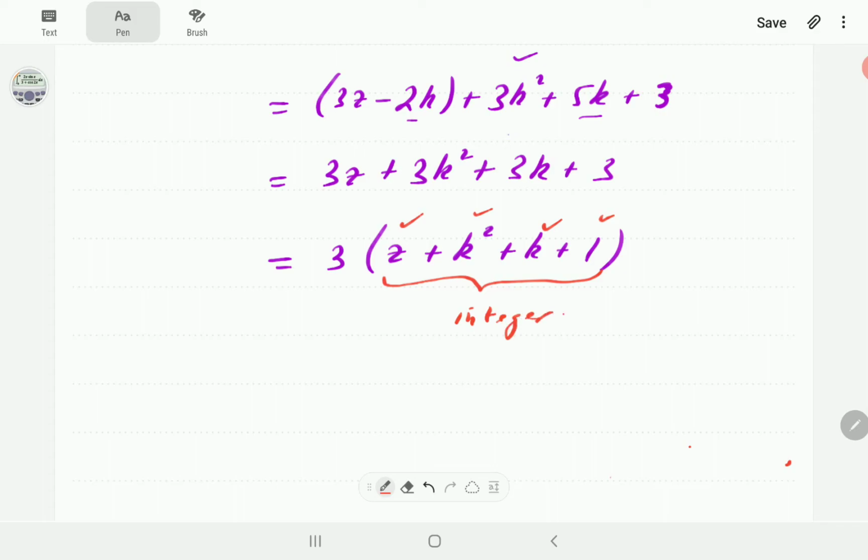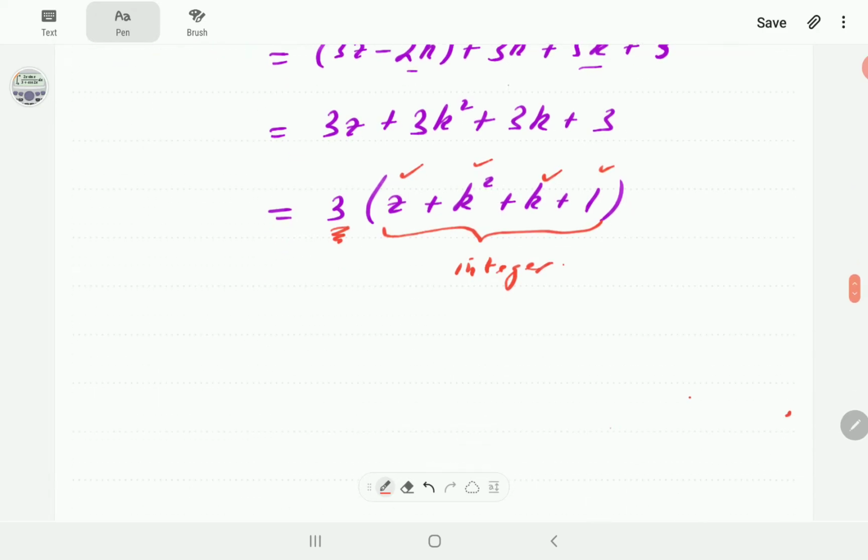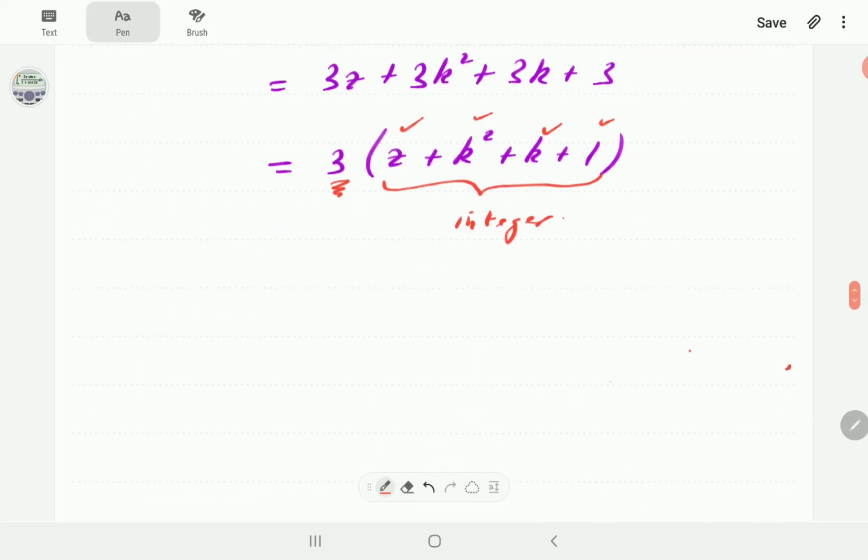So this P of k plus 1, we've just shown that it is equal to 3 times an integer. If it is 3 times an integer, it means it is divisible by 3.